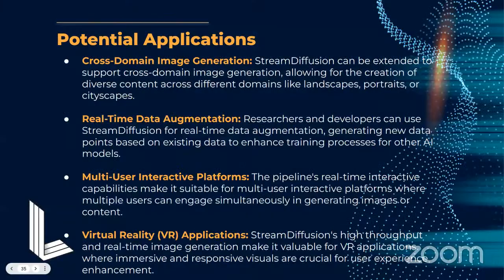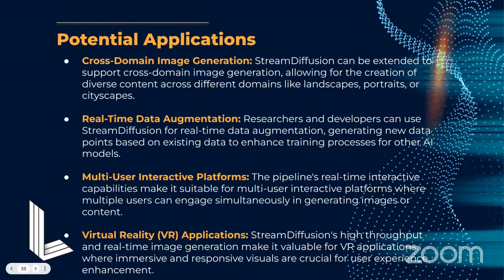Another application is cross-domain image generation, where stream diffusion can be extended to allow the creation of diverse content across different domains like portraits or cityscapes. Another is real-time data augmentation, where researchers and developers can use stream diffusion to generate new data points based on existing data to enhance training processes for other AI models.